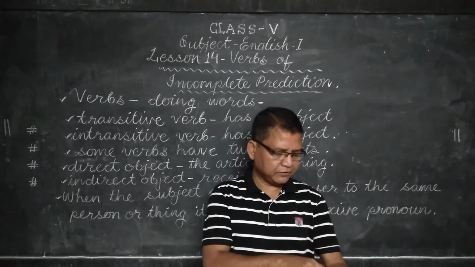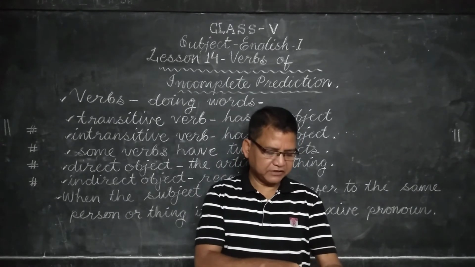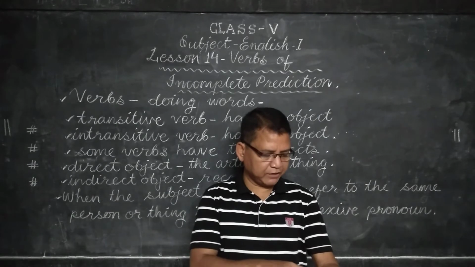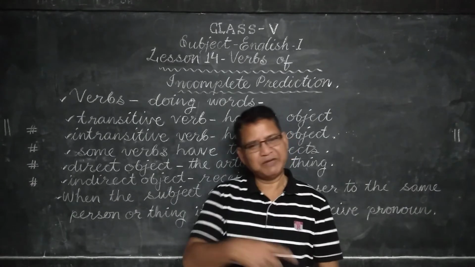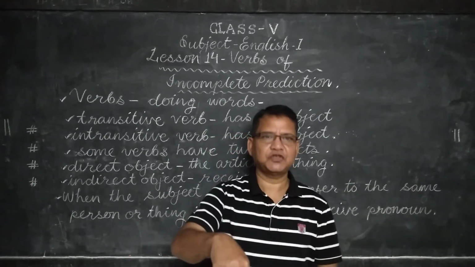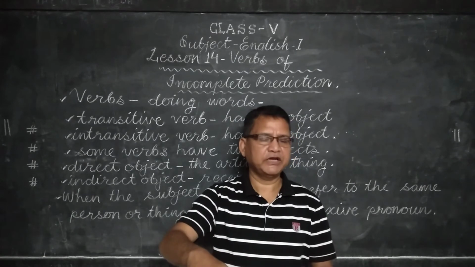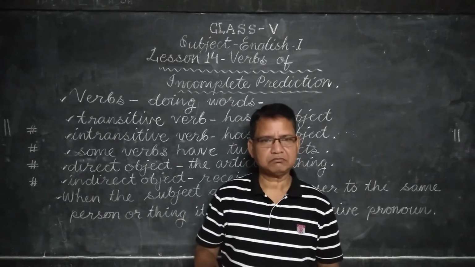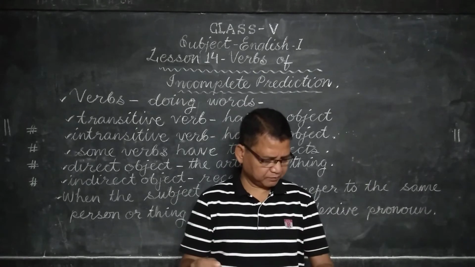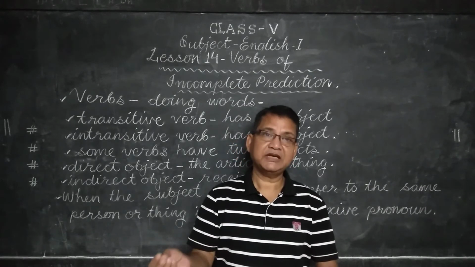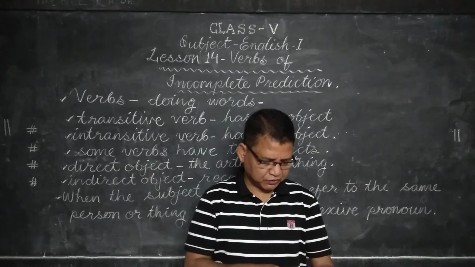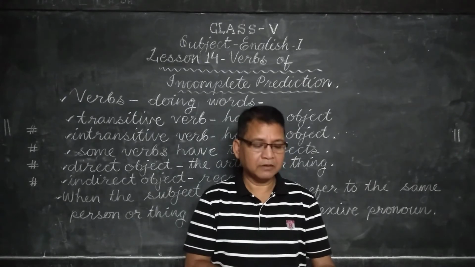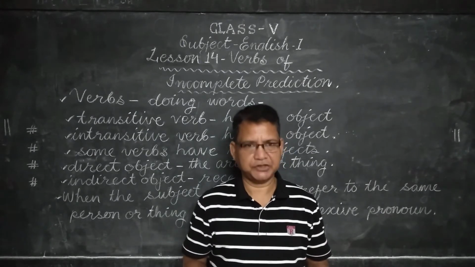So, an intransitive verb which needs the help of some word or words to complete what it says about the subject, it may be an object or anything else. It is not necessarily only an object. When an intransitive verb needs some words to say about the subject, it is called a verb of incomplete prediction.